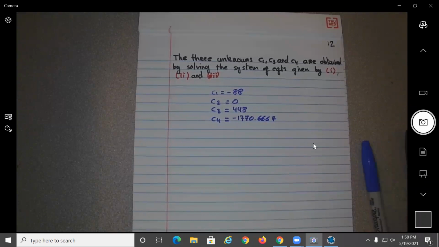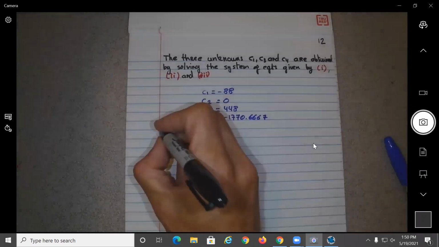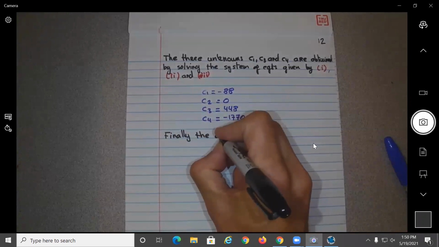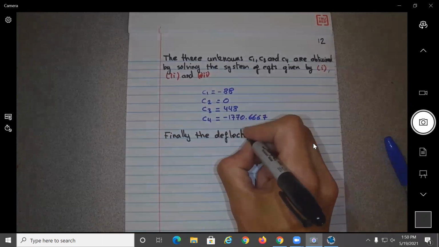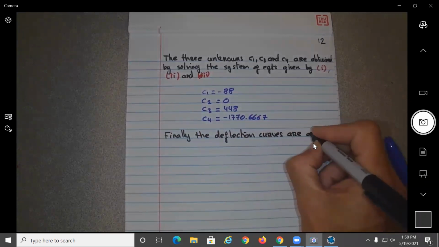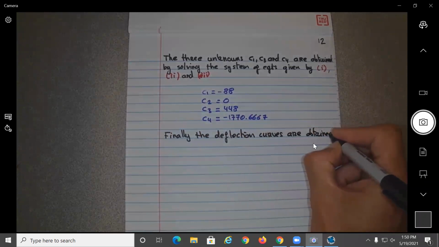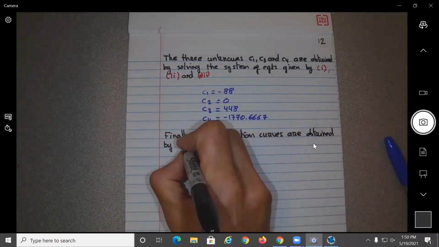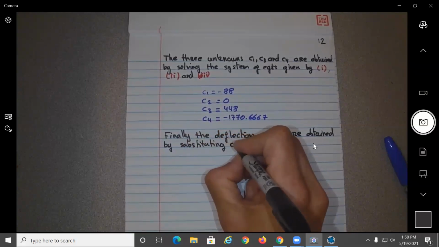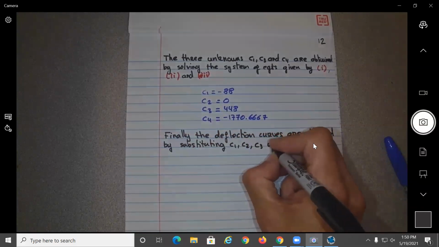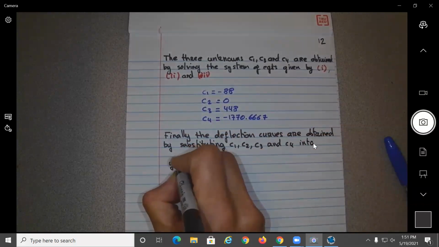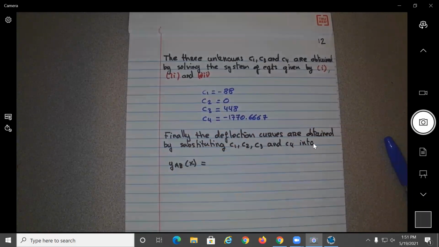Okay, so finally, the deflection curves are obtained by substituting C1, C2, C3, and C4 into the two equations we had before. So I'm just going to put them.